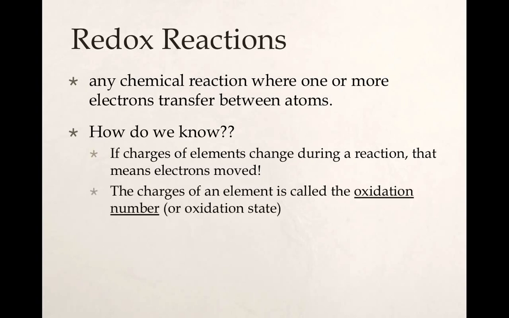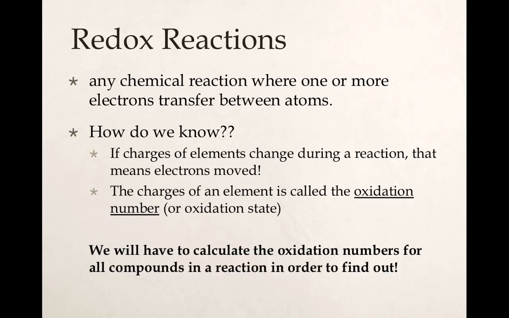So we are going to be finding charges of every single element in a reaction, and we call these charges oxidation numbers, or sometimes oxidation states. That means for redox reactions, we will have to calculate the oxidation numbers for all compounds in a reaction in order to find out what is going on.